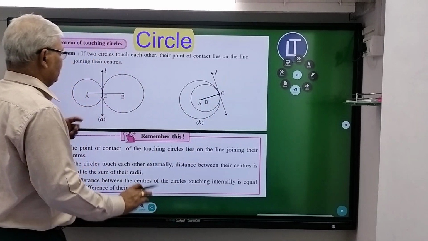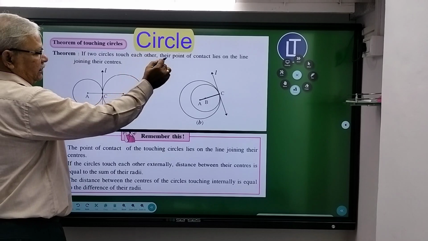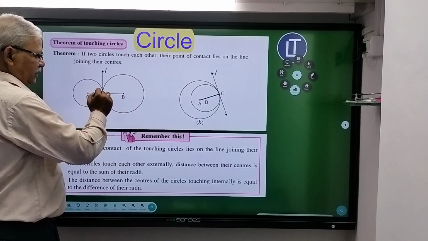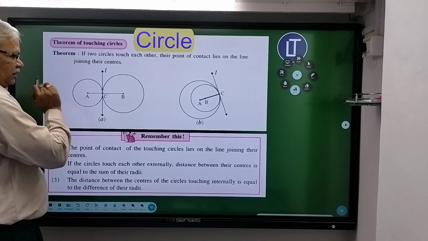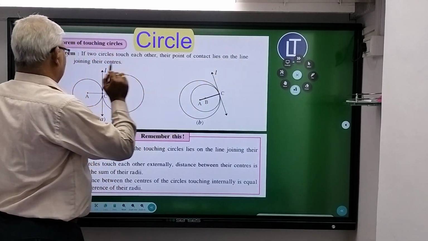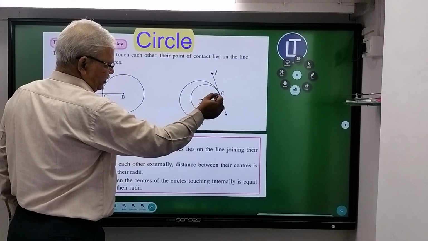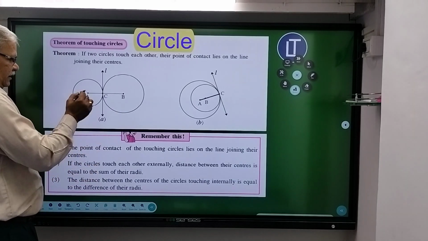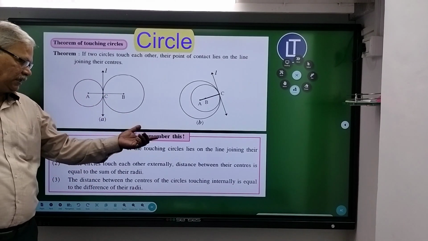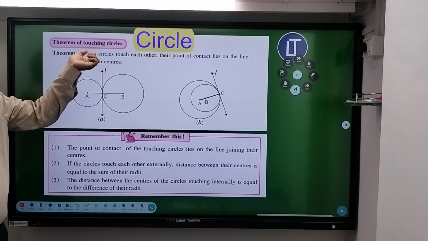If two circles touch each other, their point of contact, here in both cases C, lies on the line joining their centers. Here this is the line AB joining their centers, here also. Remember this, the first is the only theorem.